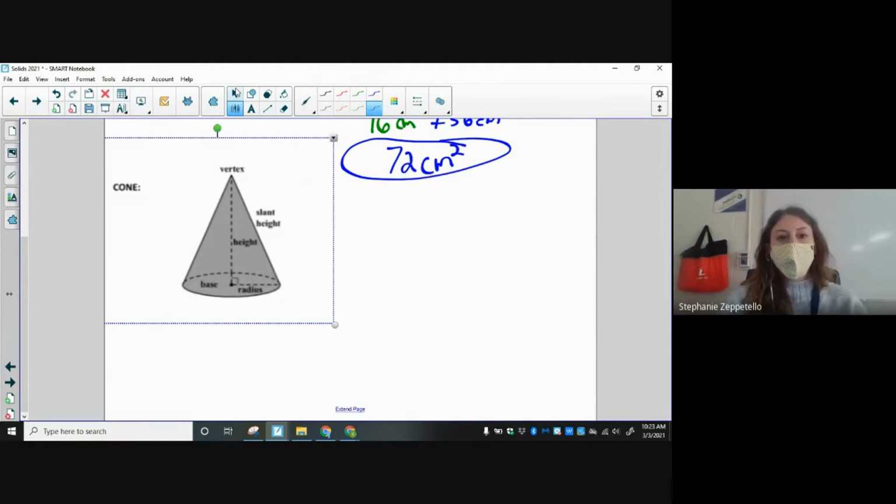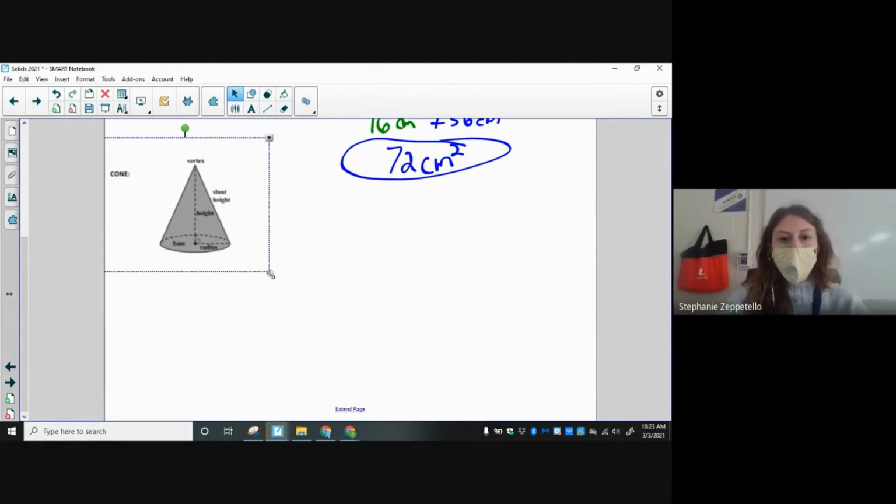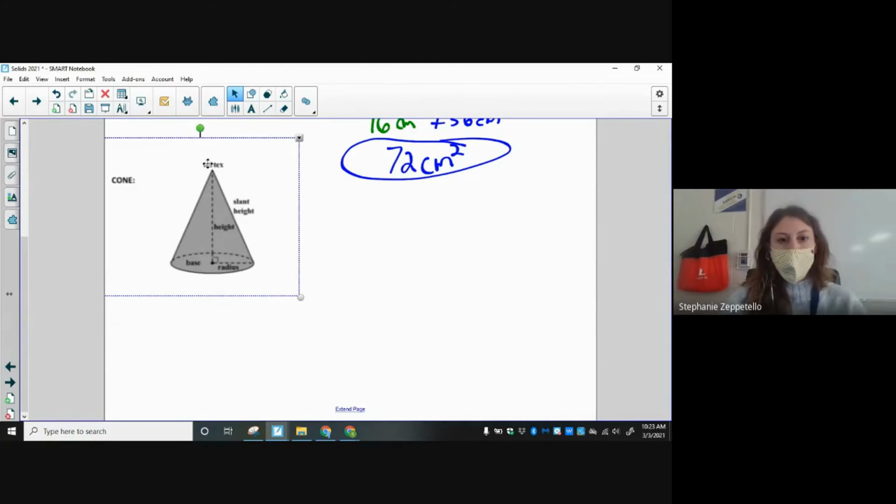So this also is a great help in showing the difference between slant height and height. The height is from the top straight to the bottom. Slant height's on the slanty part. Also, little preview: the height and the slant height, as well as the radius if you're talking cone, or just the apothem of the base of a pyramid.